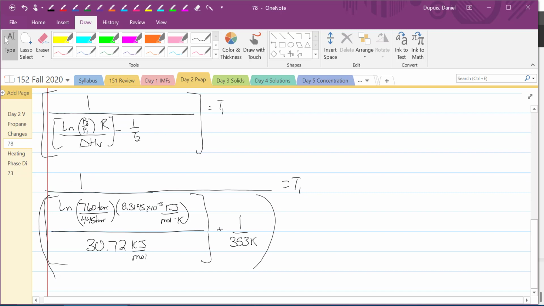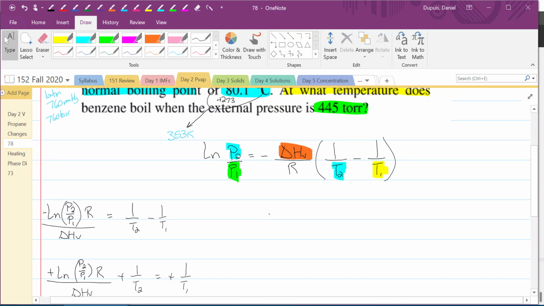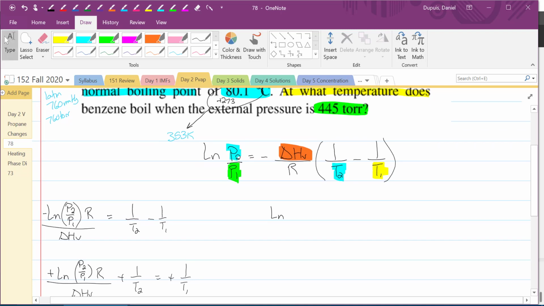Alright, or you can start plugging in the numbers. So natural log P2 is 760, P1 445 torr, equals negative delta H over R, 8.3145 times 10 to the negative third, almost forgot, kilojoules per mole Kelvin.